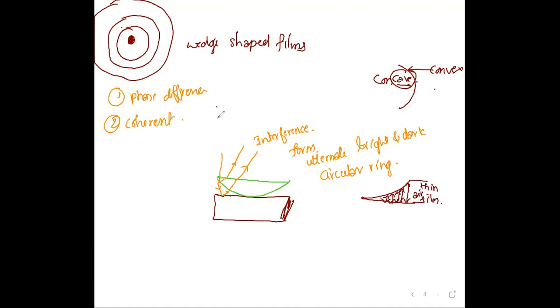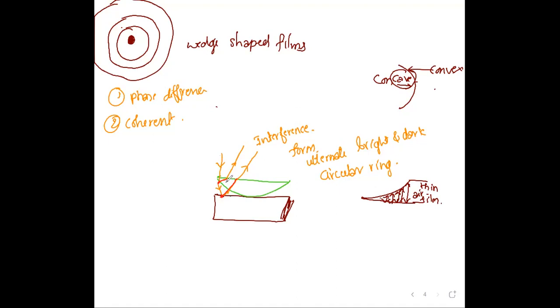Light from some source, let us say a single light, is incident at this position as well as this position. It reflects from this position as well as from this position.